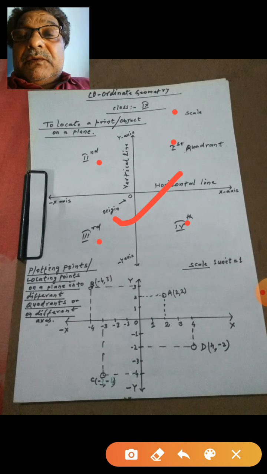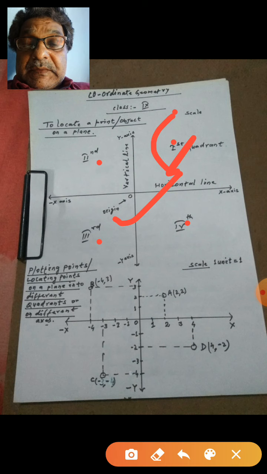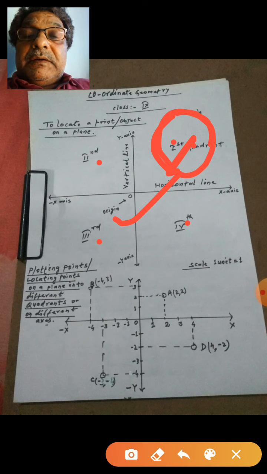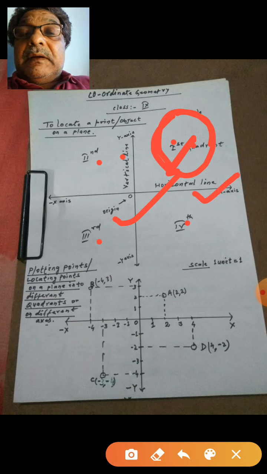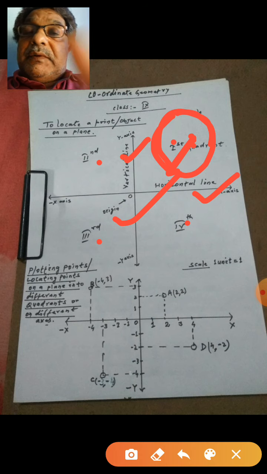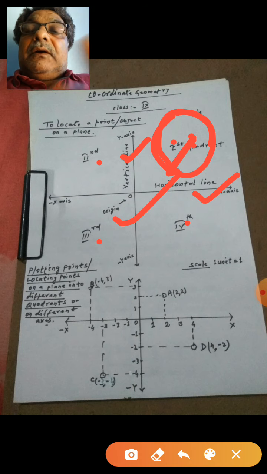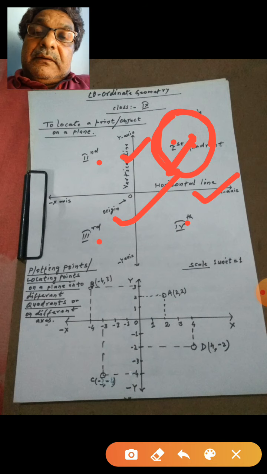In the first quadrant, you see it is made by the positive part of the x-axis and the positive part of the y-axis. So those points belong here whose both values are positive, that is, x coordinate and y coordinate, or abscissa and ordinate.